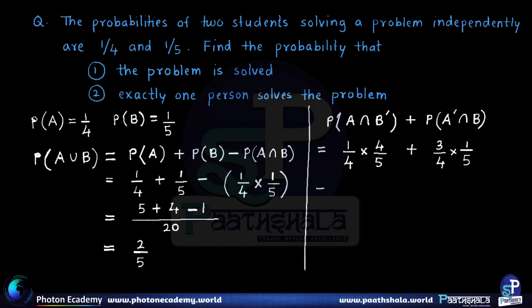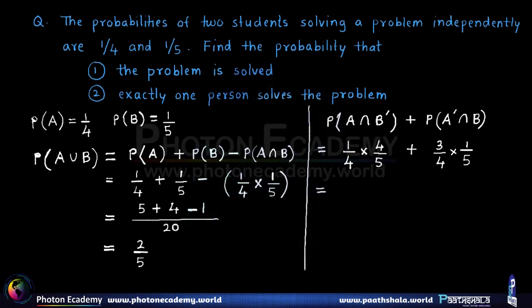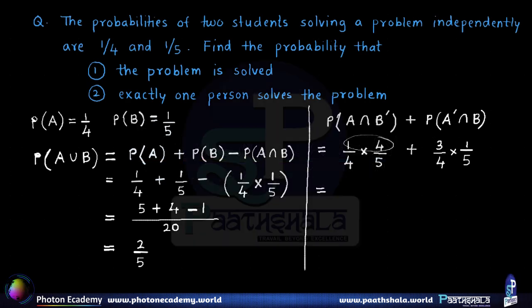Now in these types of sums, in the first term we may be tempted to cancel 4, but do not cancel that, because the denominator 4 into 5 is common in both the terms. So let's keep that as it is. The numerator is 4 and 3. When we add those two, we get 4 plus 3, which is 7, divided by the common denominator 20. So the required probability is 7 by 20.